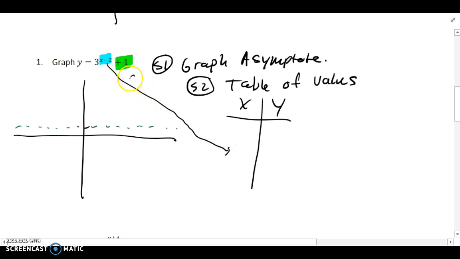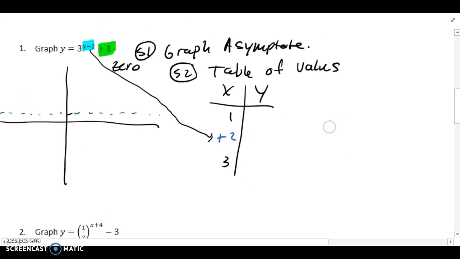Okay, so we're going to turn this into a 0, right? So it's -2, so I'm going to write +2, and then we're going to go 1 above and 1 below. That's how we're going to do that. And then we're going to fill this out. Sometimes we can use a calculator pretty well, but if we don't have a calculator, we can do it by hand. So that makes -1.